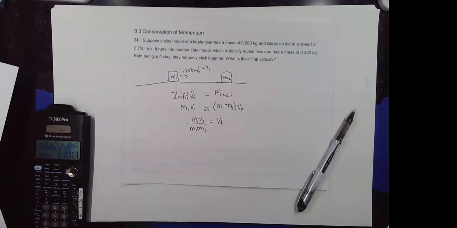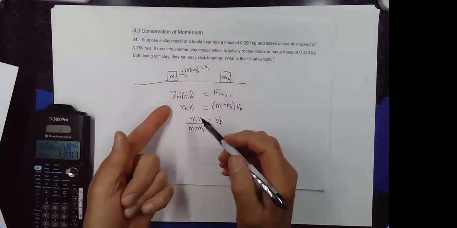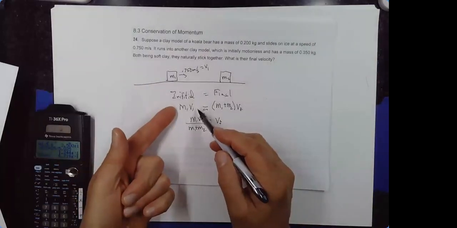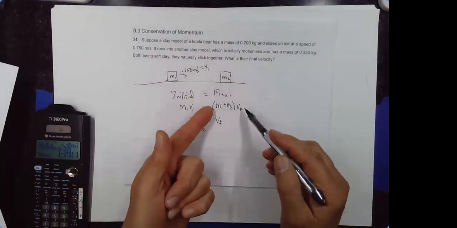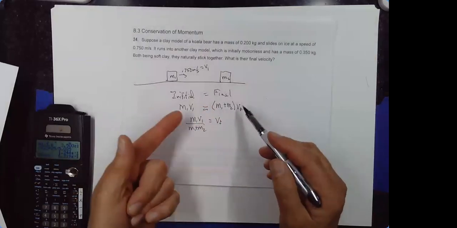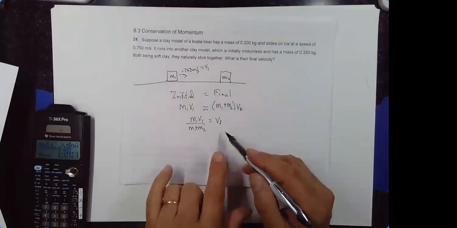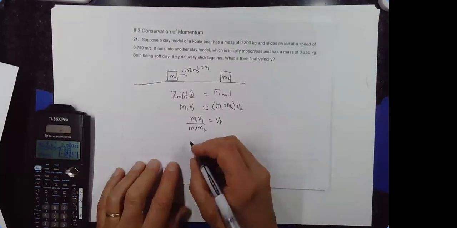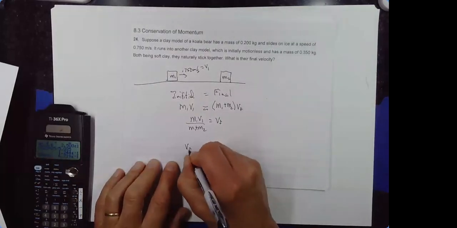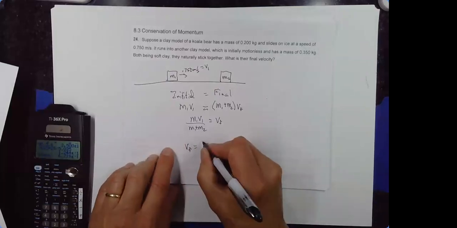All I know is momentum is conserved. So I just figure out an expression for the initial momentum, figure out an expression for the final momentum, reasoning through it, set them equal to each other, and then solve for the quantity I want, which is V final.